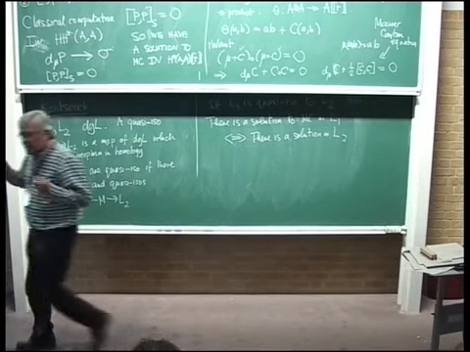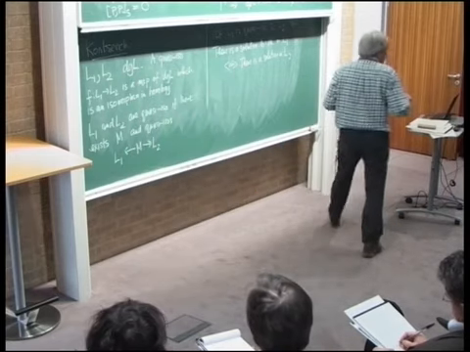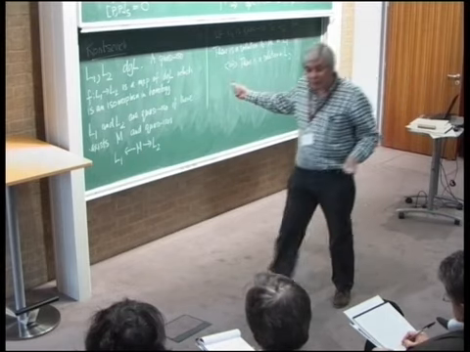So the problem of the existence of a solution to the Maurer-Cartan equation is a homotopy invariant of differential graded Lie algebras. That's not very difficult to prove, by the way.